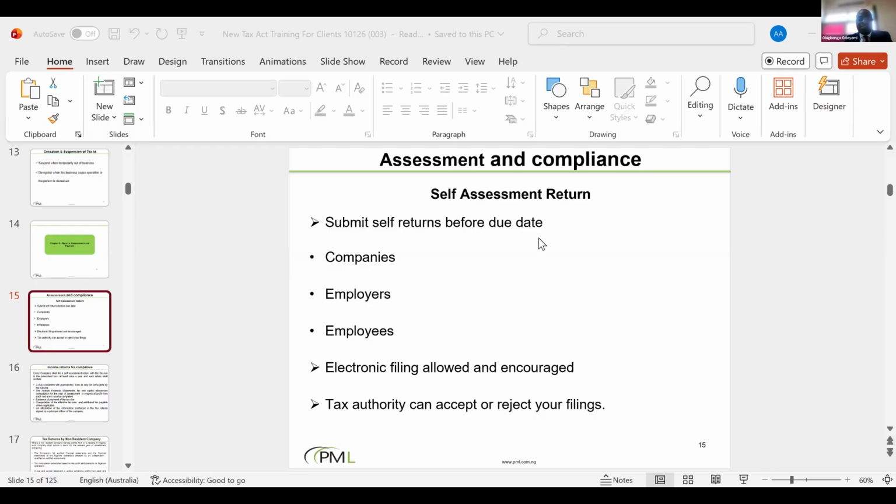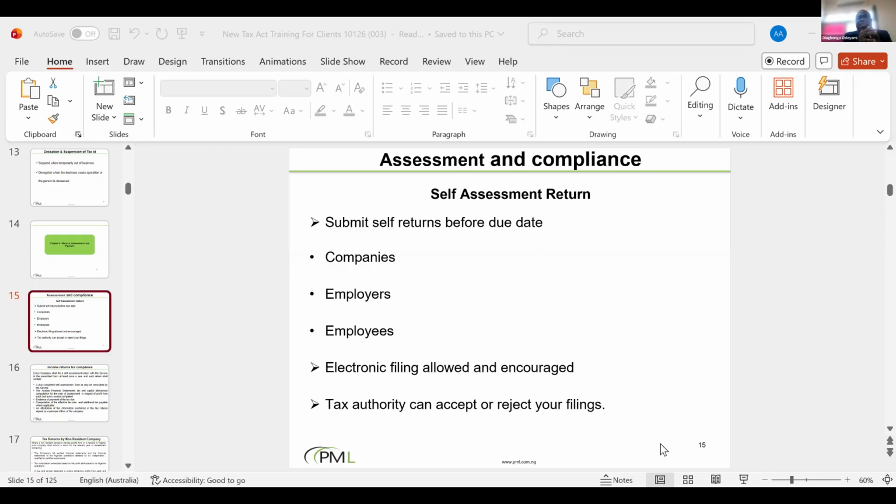So the essence of this law is to bring more people into the tax net, and get more revenue that used to escape due to one excuse or the other to come into the coffers of government. So that's what this is trying to achieve.